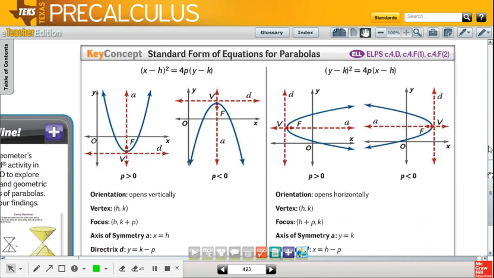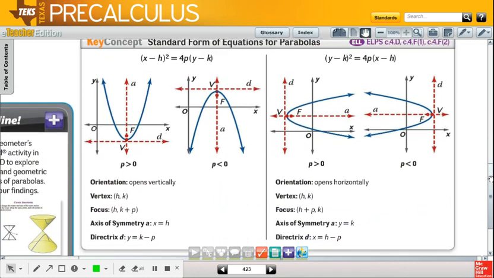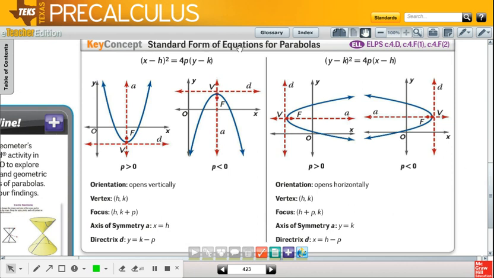So now we're going to go to the concept section of the standard form of equation for parabolas. All right, so on the left, these are the parabolas that open vertically, up or down. And here's the general equation or the standard form. The vertex is h comma k.